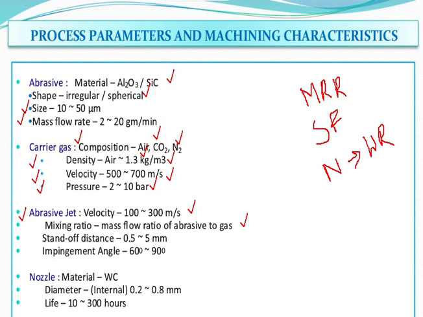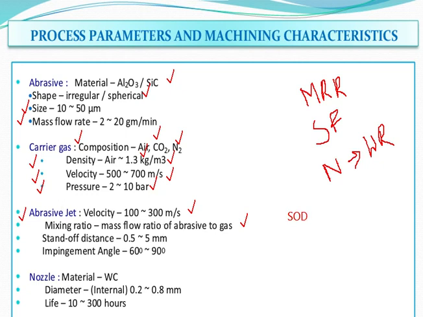It should vary between 0.5 to 15 millimeter. Here it is written 5 millimeter, but it can vary up to 15 millimeter too. What is the impingement angle? It should be between 60 to 90 degree.